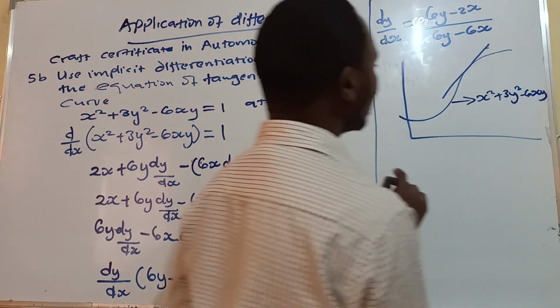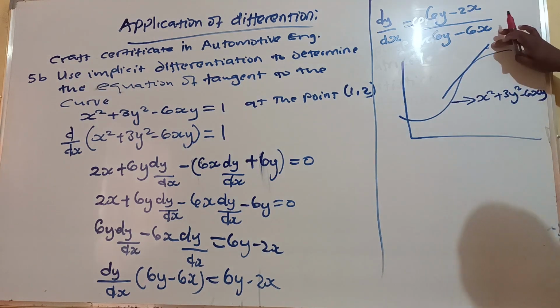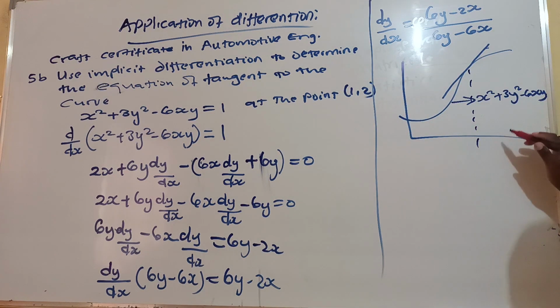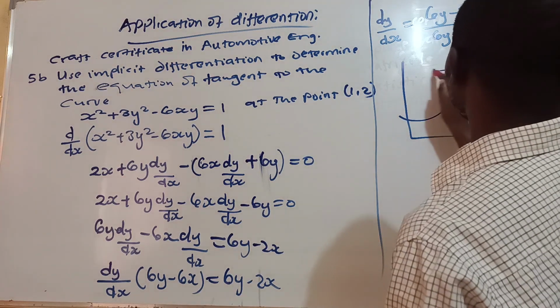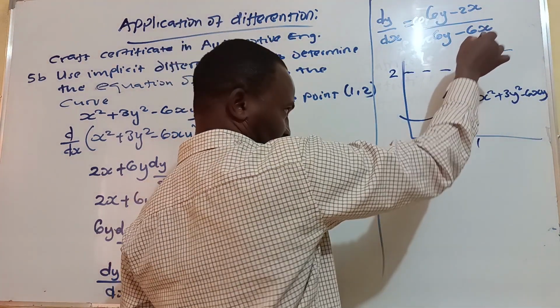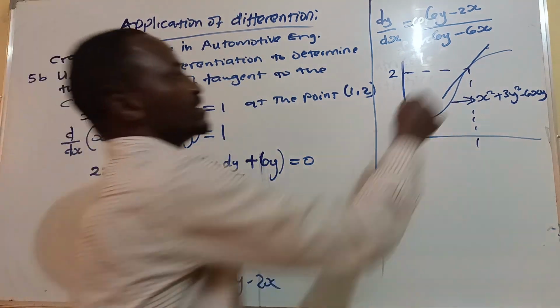So we are told to get the equation of the tangent at a point where the value of x is 1 and the value of y is 2.